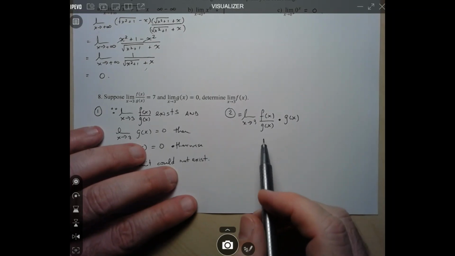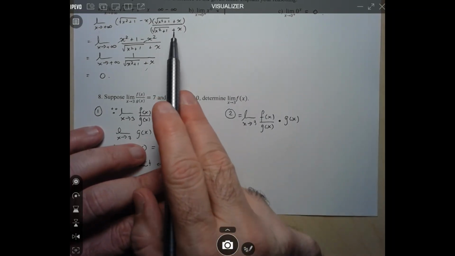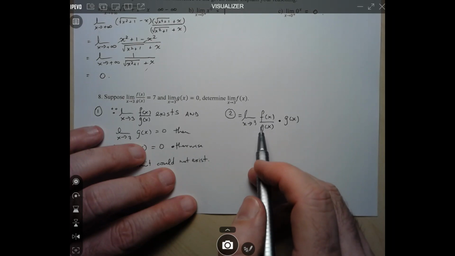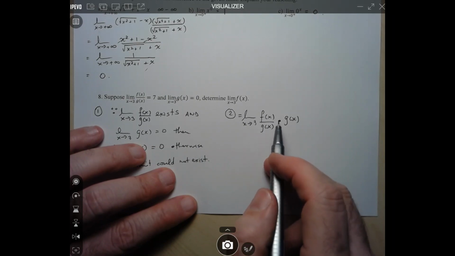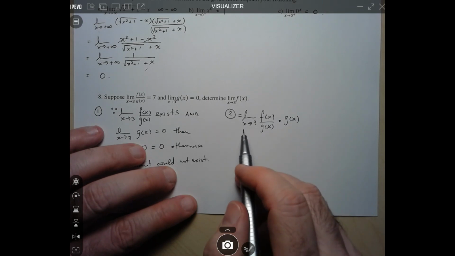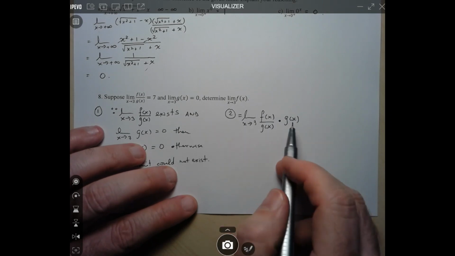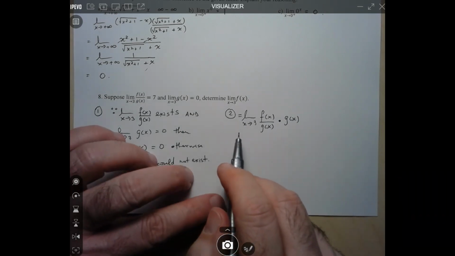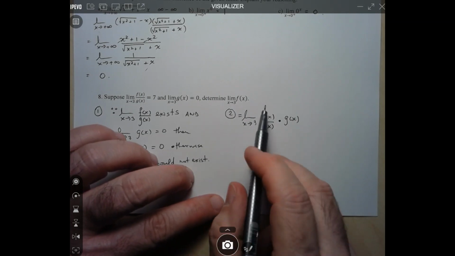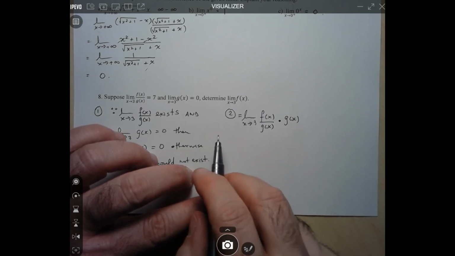Again, it's similar to the trick we used above. If I divide my expression by some other expression, but I also multiply it by that expression, I can do that legally. I haven't actually changed the value here.